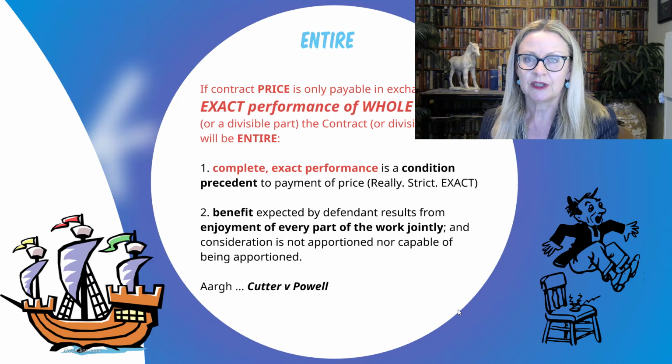So the usual typical example is if you have a contract to have a pair of shoes made, and the shoemaker delivers one shoe to you, that's really not going to do you much good, unless perhaps you're going to a fancy dress party for one shoe people. So in that kind of circumstance, the contract would be entire.